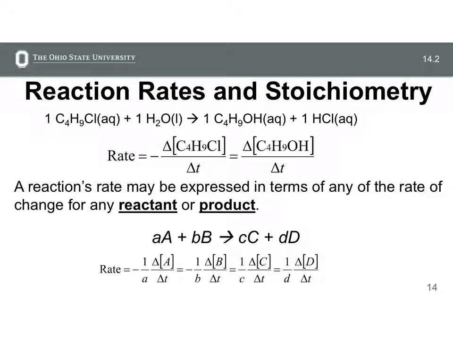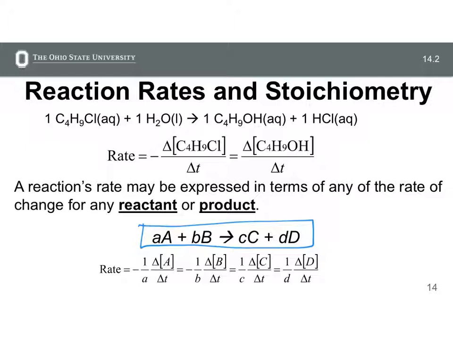Okay. We can do this for any type of reaction equation. Let's say we have the general reaction, lowercase a A plus lowercase b B yields lowercase c C plus lowercase d D, where a, b, c, and d are our stoichiometric coefficients.